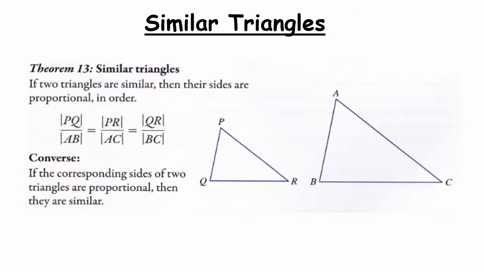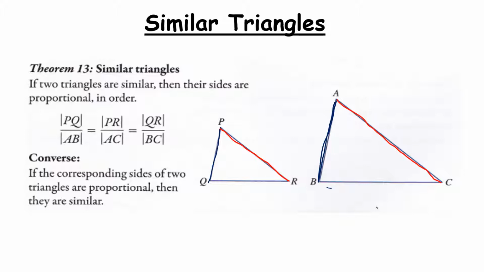So PQ divided by AB, so this side here divided by this side here, will be the exact same as PR divided by AC.